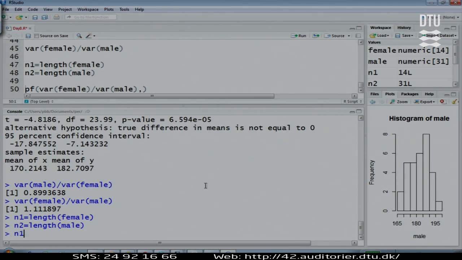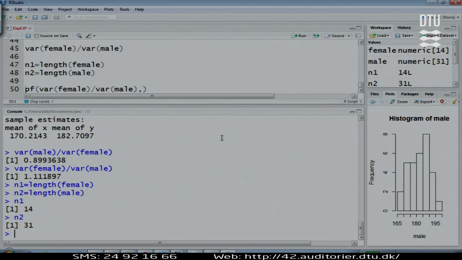Should we just check N1 and N2? 14 and 31. I should use N1 minus 1. I could also write 13. Now I write N1 minus 1, then it works if I change the data. N2 minus 1.